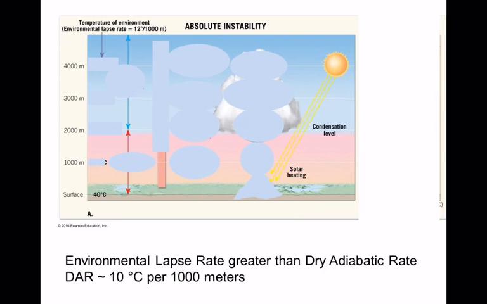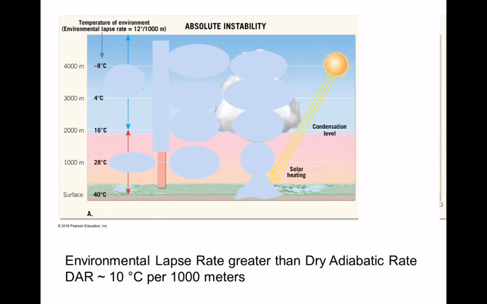So it's going to go from 40 degrees Celsius minus 12, that's what, 28? Okay. Minus 12 is 16. Minus 12 is 4. Minus 12 is negative 8. Okay? So the environmental lapse rate of 12 is definitely greater than 10.